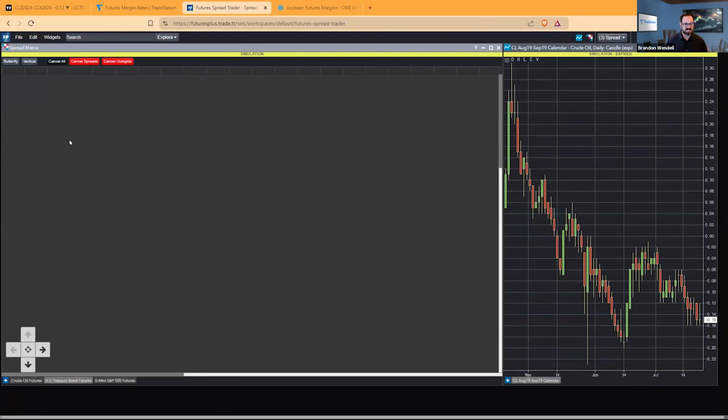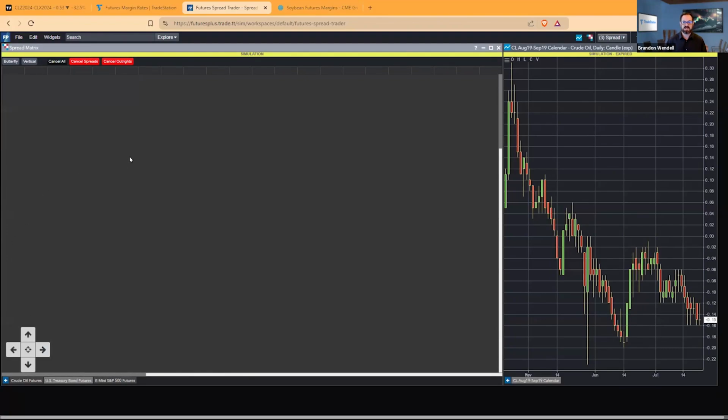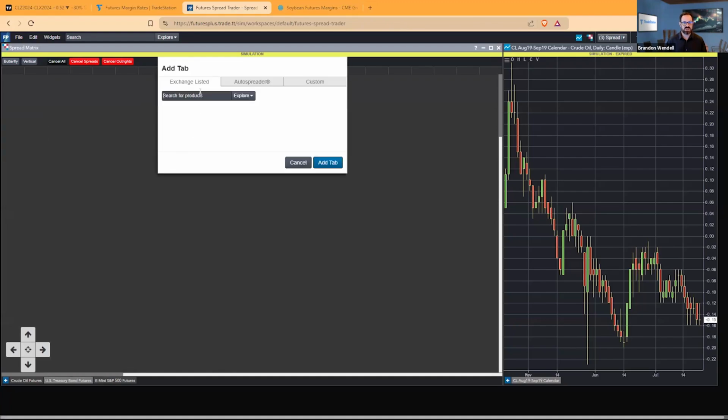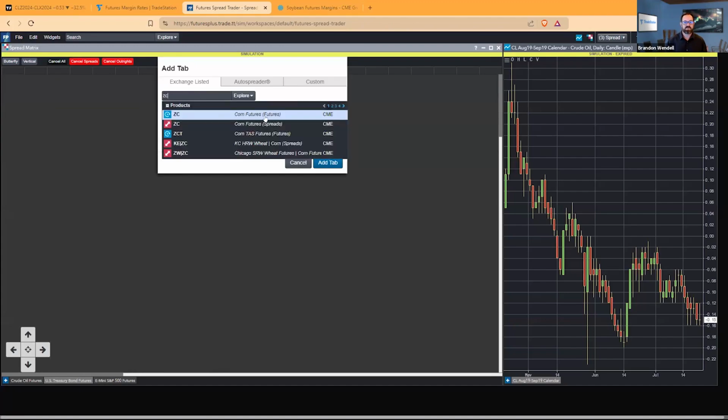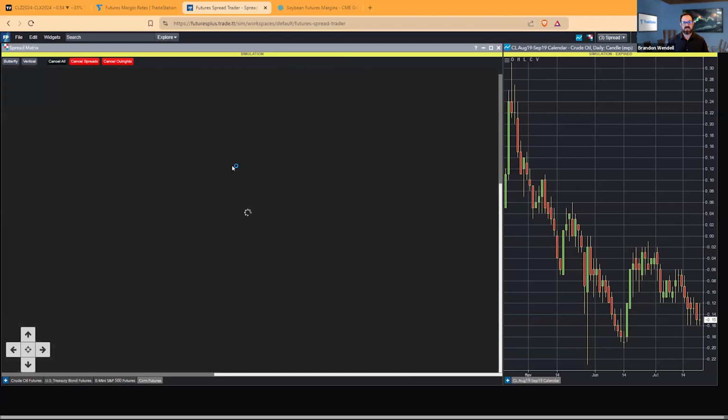It's loading it up right now for the spreads, hopefully. That's really weird. I'll just add a new tab, make it easier. Again, I can go into, let's say, corn, ZC. There we go, corn futures, spreads. Add tab. And it is loading. You gotta be a little patient.